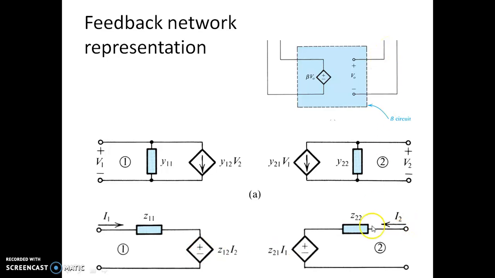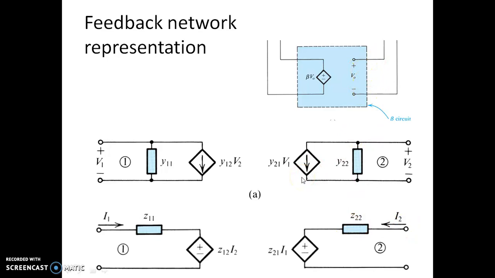Since sampling the voltage is not done in the Z parameters, I cannot use Z parameters to represent this feedback network. So the Y parameter is ruled out because it does not have a voltage source at port 1, and the Z parameter is also ruled out because it samples the current, but I am supposed to sample the voltage.